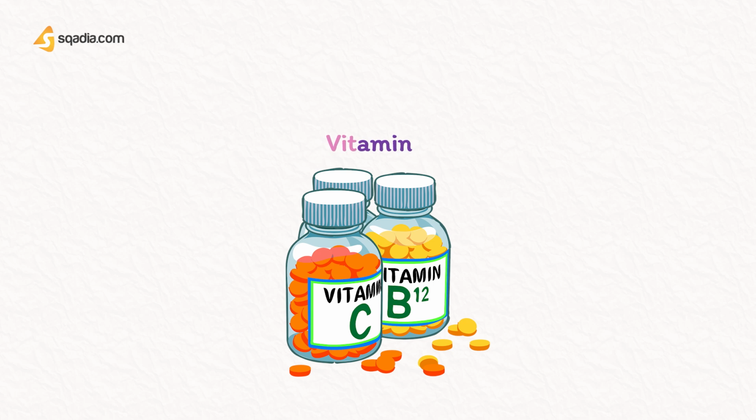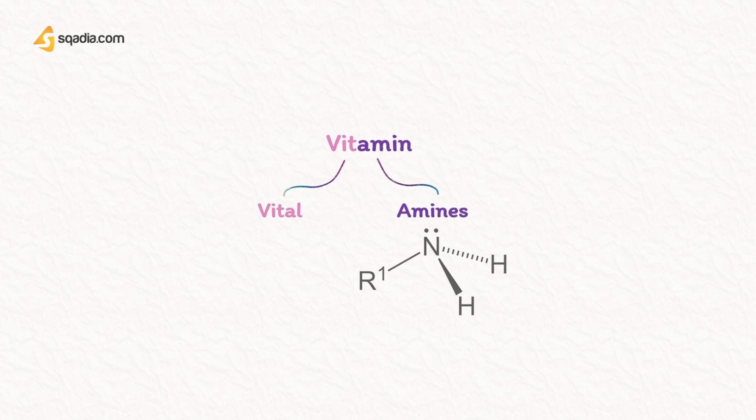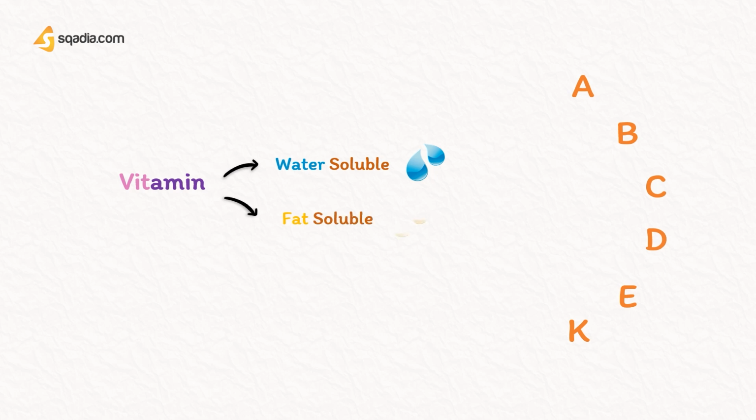You must have heard about vitamins, so today let's dig in. The word vitamin is a combination of two words which are vital and amines. Vitamins can be categorized as water-soluble and fat-soluble as per their solubility profile.